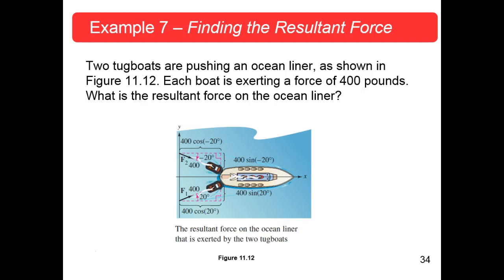That's a minus 20 degrees. Here's the angle with the horizontal of this tug, a plus 20 degrees. So to get the net force on the ocean liner, they each are pushing with a force of 400 pounds. Frankly, that sounds pretty small to be pushing an ocean liner, but I guess that's all they got.